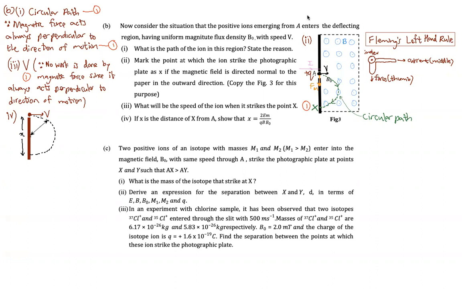This is the radius, right? This is the radius of the circular path, capital R. Okay, so x is in fact 2R. So to find x, what we have to do is we have to consider circular motion.